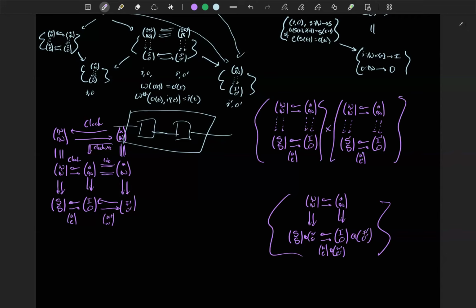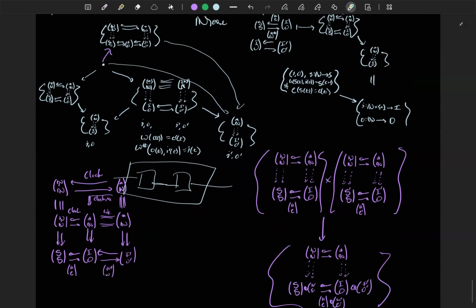So a lax monoidal thing. Here's my tensor here. The lax monoidal structure: this product here is the monoidal structure of set, or omega, really.